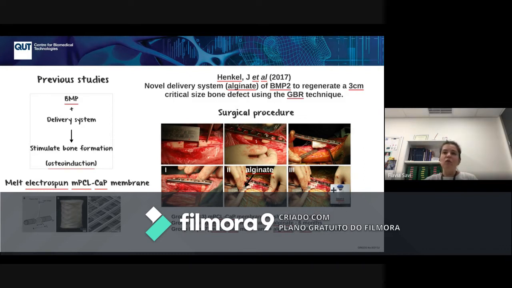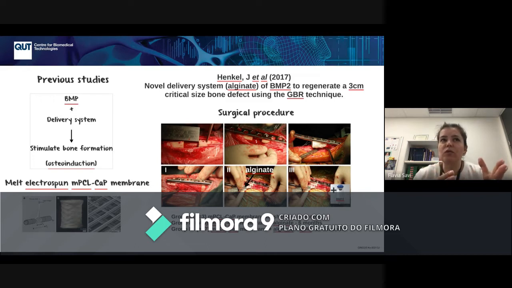And the membrane was combined with bone morphogenic growth factor, combined with a delivery system, which was an alginate to hold the bone growth factor, because as you may know, if you are going to put something in your body, for example, a localized therapy on your leg, on your tibia, the growth factor, the BMP, if you put that, this medicine is just going to spread all over the body. You need something that is going to hold the therapy inside of the defect. So you need something that is going to hold that drug.